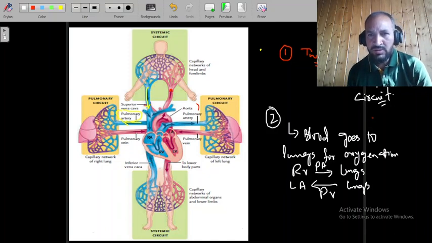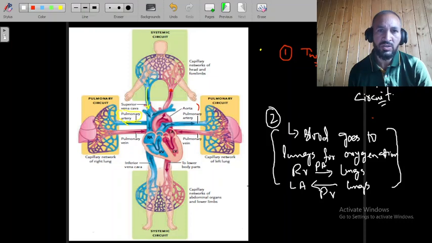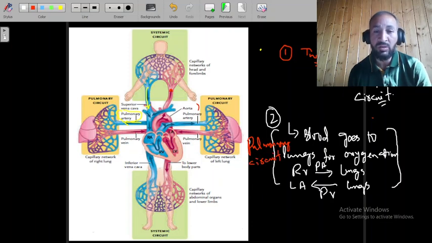So this part of the circuit is what we call the pulmonary circuit, or pulmonary circulation.